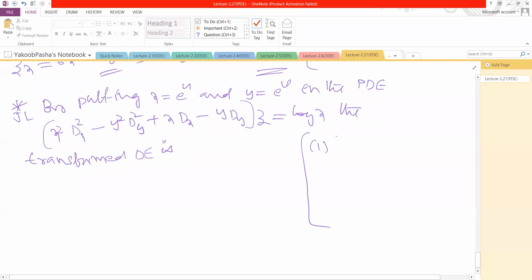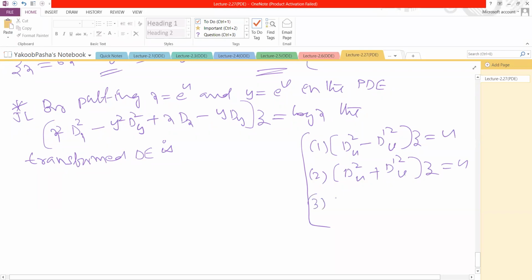First option is (D² − D'²)z = u. Second option, (D² − D'²)z = u, here with a plus.